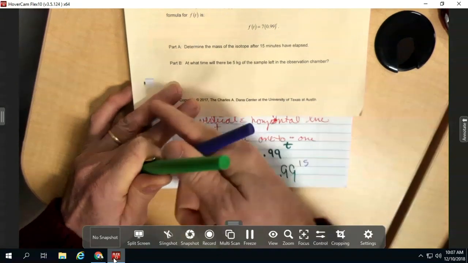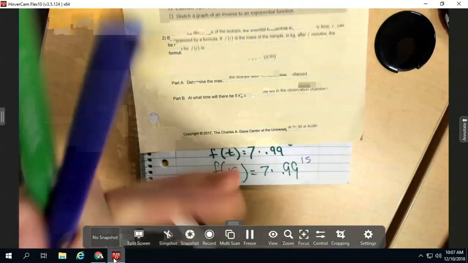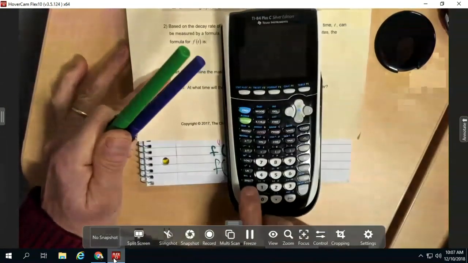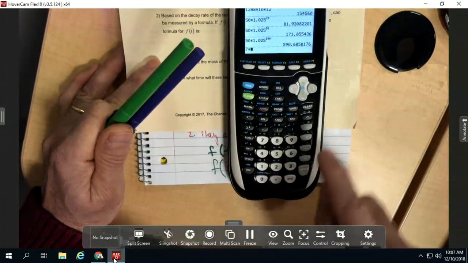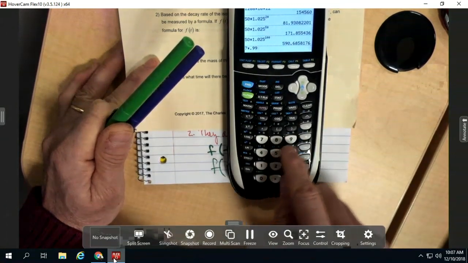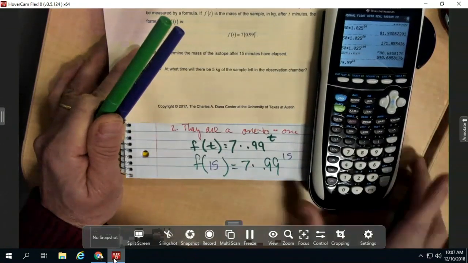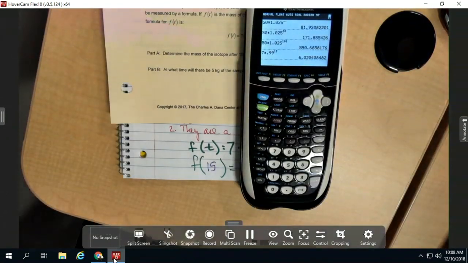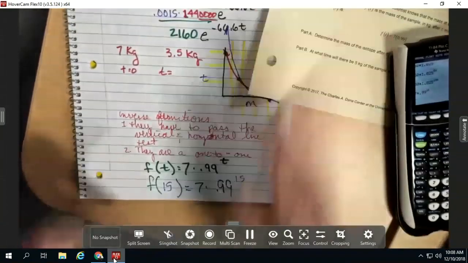Let's do it on our calculator and see what we get. 7 times 0.99 to the 15. And sure enough, it's down to 6.02.